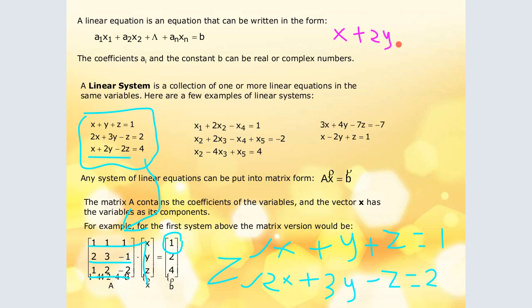Then we are adding, but down here, we have negative 2. So negative and a positive, it becomes a negative. So it is going to be negative 2z, which equals what we have down here, 4. So this is our equation number 3.